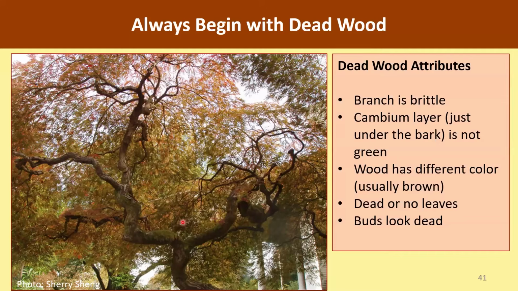Any dead wood is brittle. The cambium layer, if you just scrape the surface lightly, is not green. It probably is brown, and it will just fall off. And if you remove all the dead wood first, you'll be amazed that it will make a big difference in the overall appearance of your shrub.